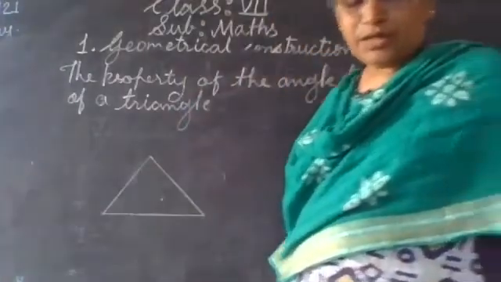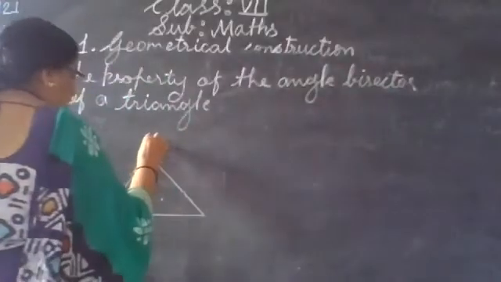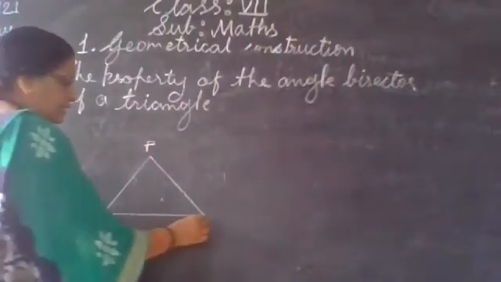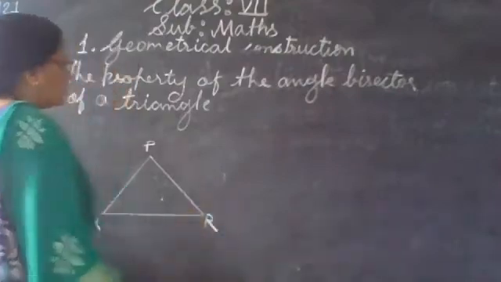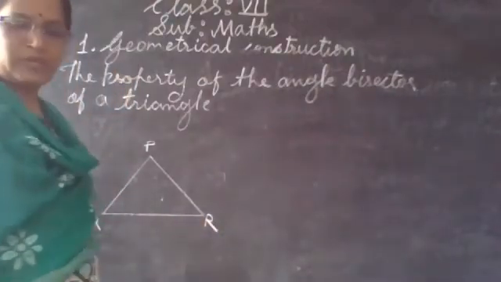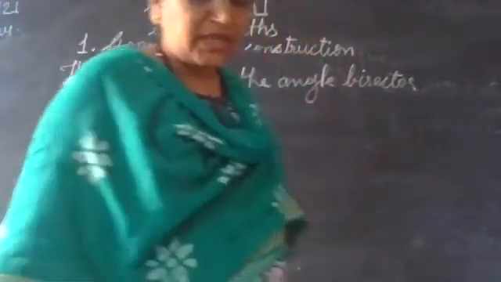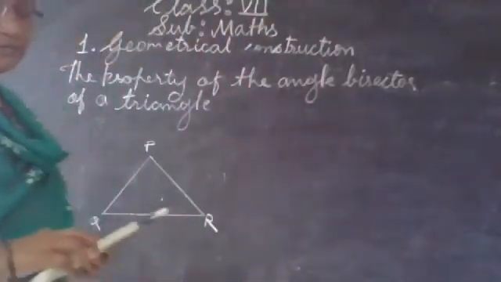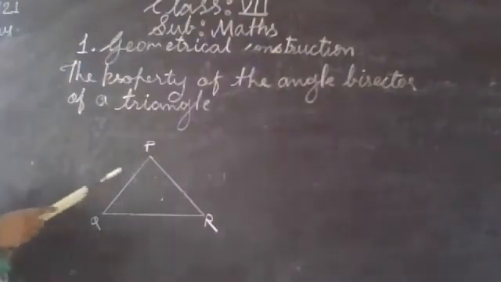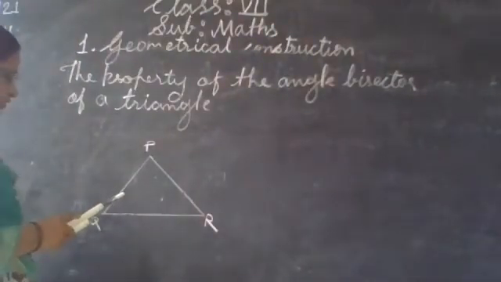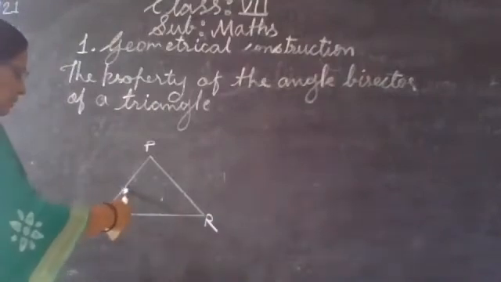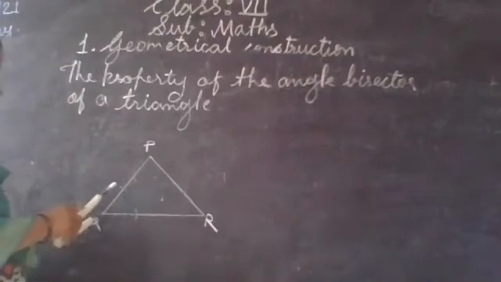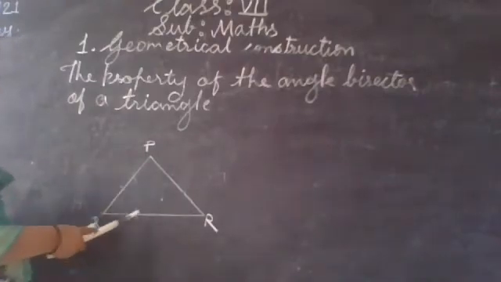Okay, it is PQR. This angle is P, it is Q, and it is R. Now we will bisect each angle, and we know how to bisect an angle. So place your pointer on this point Q, mark an arc like this, or you can draw a full arc like this.